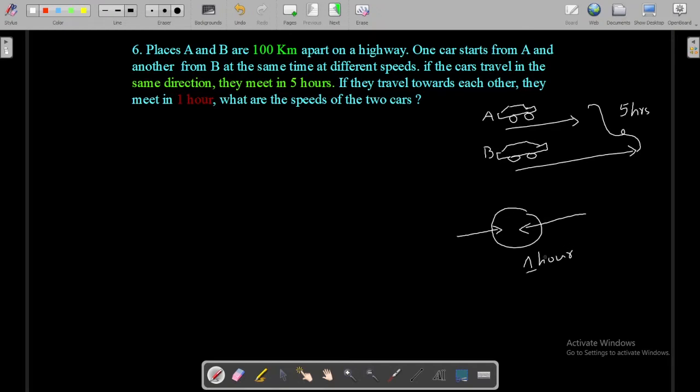So we have to find out the speeds of the two cars. Now let us solve this problem after understanding the situation.